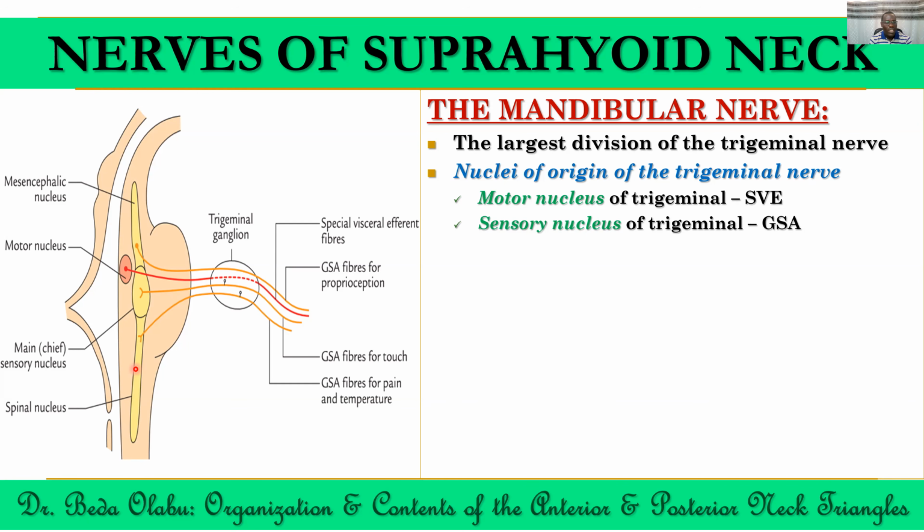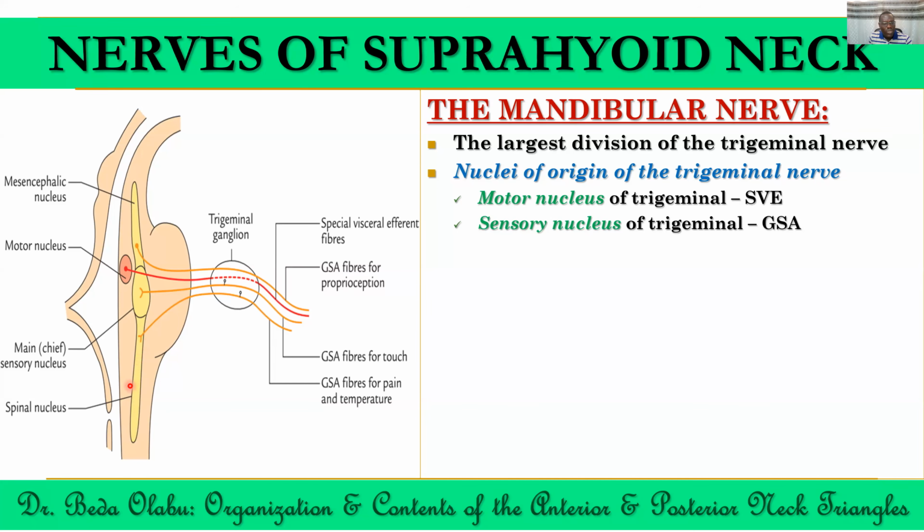Important to note is that the spinal nucleus of trigeminal traverses the brainstem, traverses the medulla oblongata up to the level of the 2nd cervical segment of the spinal cord, C2 segment. And so quite extensive.